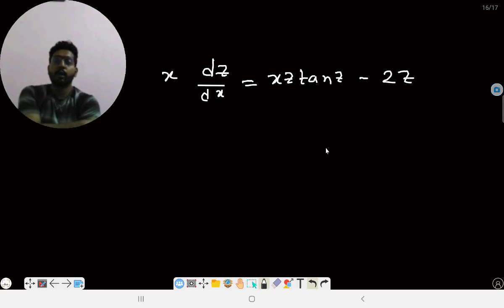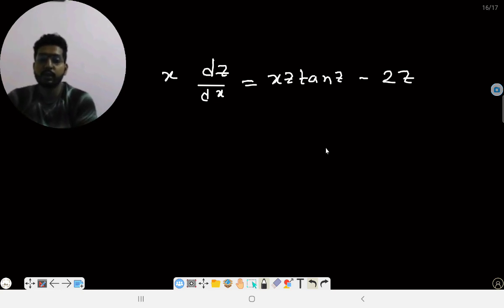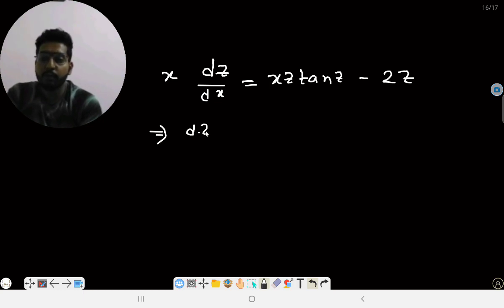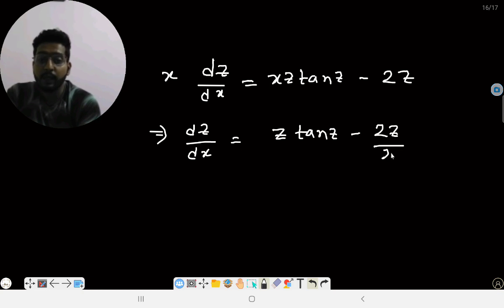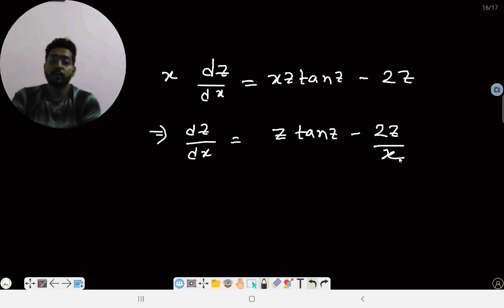Now look at this, this is the equation that is coming. From here you can see, if I divide both sides by x, that will become dz/dx equals z tan z minus 2z/x. Now from here we have to solve this one.